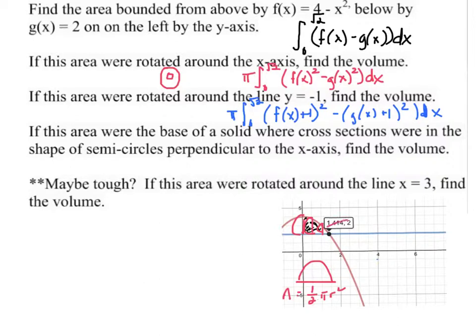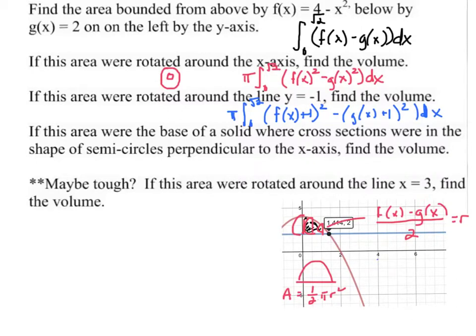Now, the difference between the functions, f of x minus g of x, the distance between those two functions is the diameter. So we have to divide that by 2 to figure out what the radius is. One more time: f of x minus g of x, how far those two functions are apart, tells us the diameter. So we have to divide that distance by 2 to get the radius.